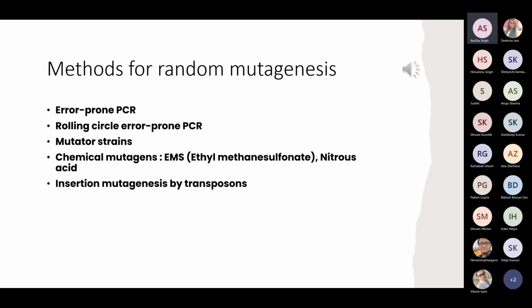Both of these are capable of introducing random mutations throughout the target sequence. There are also ways of carrying out insertional mutagenesis by means of transposons, which are jumping genes. They get integrated into multiple sites throughout the sequence and result in insertional mutagenesis.